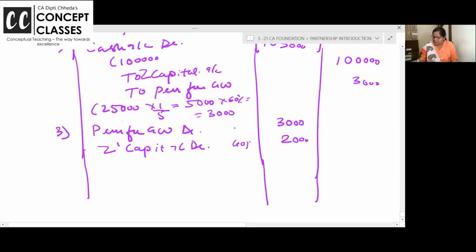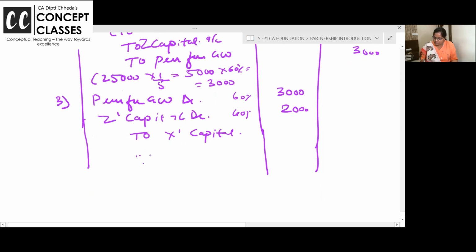You know what he didn't get in cash. To X capital account, to Y's capital account. Take your time. I'm giving goodwill to X and Y in sacrificing ratio, which is ready with me.